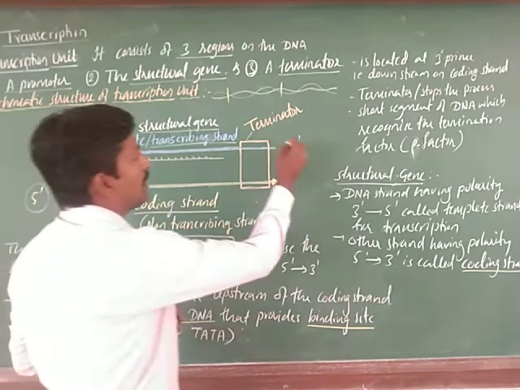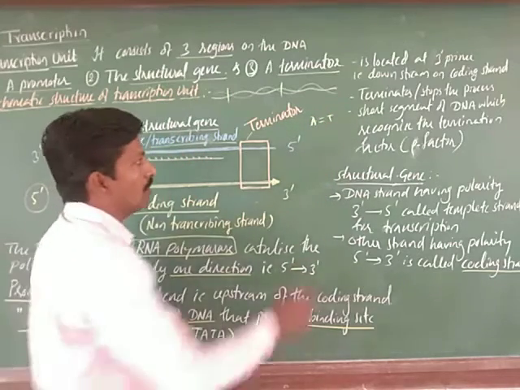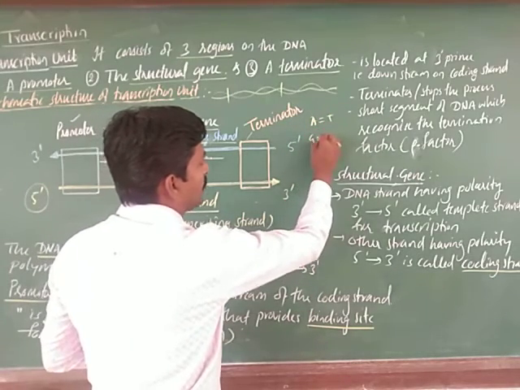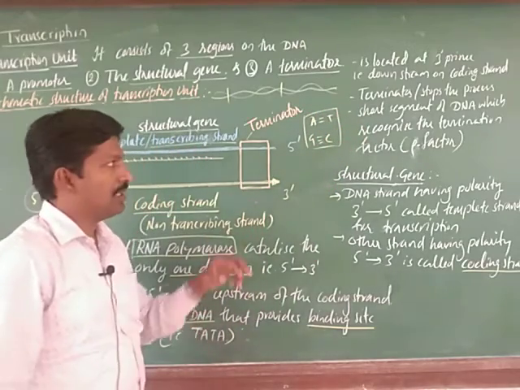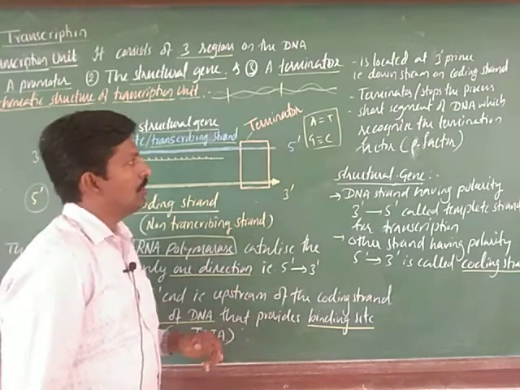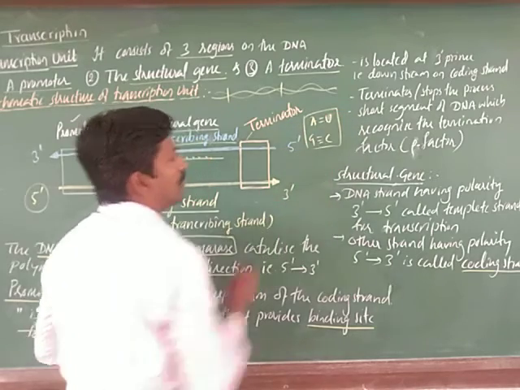Complementary means, as you know already, adenine pairs with thymine in replication, and guanine pairs with cytosine, as we discussed in the previous video. Here, instead of thymine, uracil will be there.